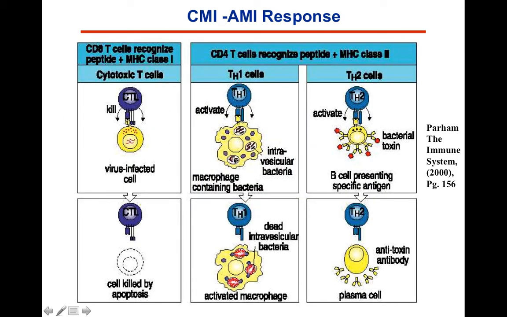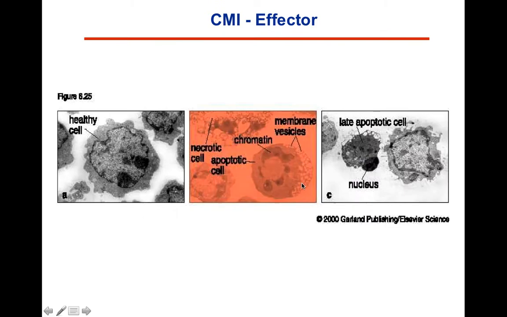As the cells become necrotic, they form bubbles and their membranes start to become destroyed, and their chromatin becomes cut up into pieces. There's DNases that go in and start to cut up the chromosomes.